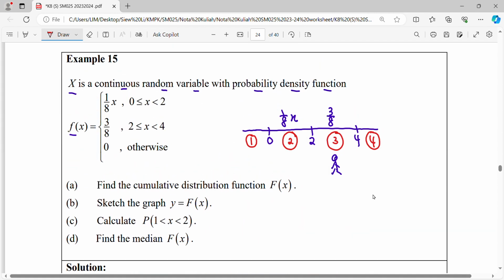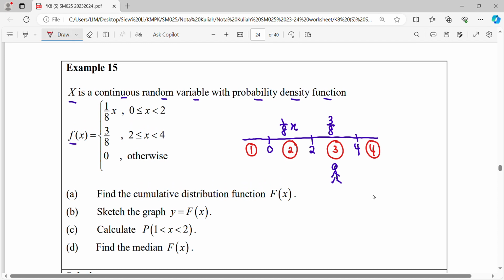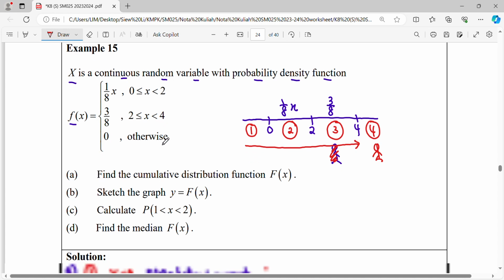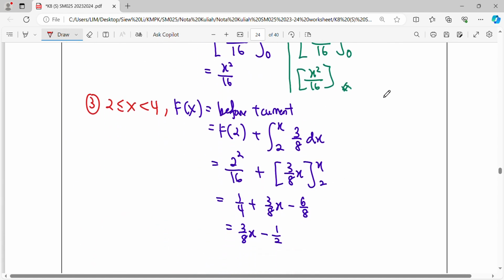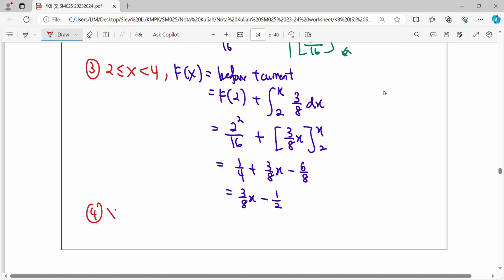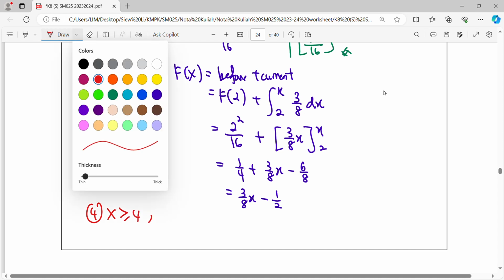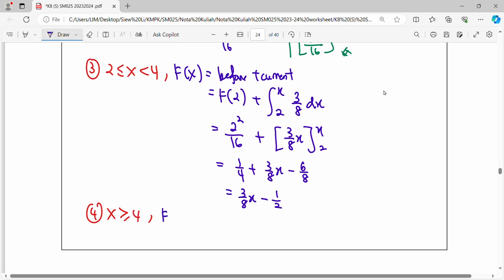So you come to this interval. Along this, we already accumulated up to 4. For the current interval, we don't have any graph, we don't have any probability. So for this interval, it will be x more than or equal to 4. Before that, we accumulated up to 4.